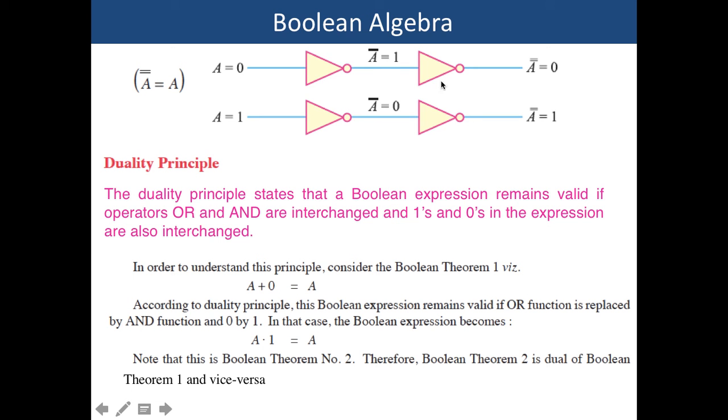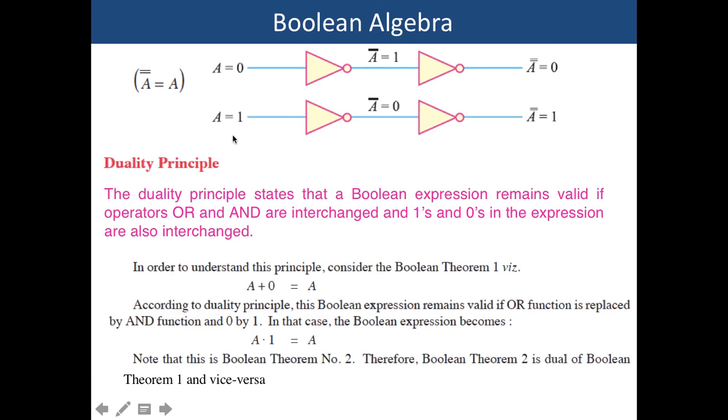Again bar, so another NOT gate. A double bar is equal to 0, because inverting of A bar, so A double bar is equal to 0. So A double bar is equal to A. Similarly, A is equal to 1, A bar is equal to 0, and again inverting, A double bar is equal to 1.